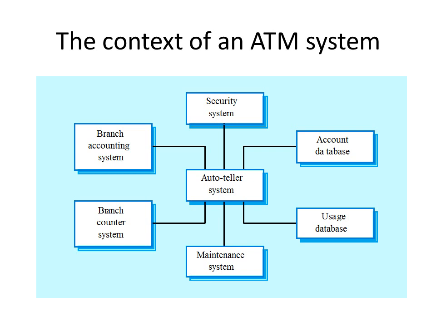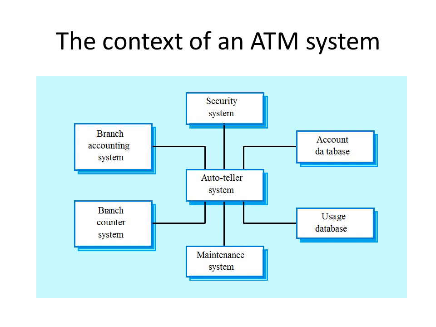An example is the context diagram of an ATM system, automatic teller machine. When we draw a context diagram, we first put the system in the middle and start connecting it with the external systems. For example, as you can see in this slide, the auto teller system is in the middle, and these are the external systems and entities that interact with the ATM.